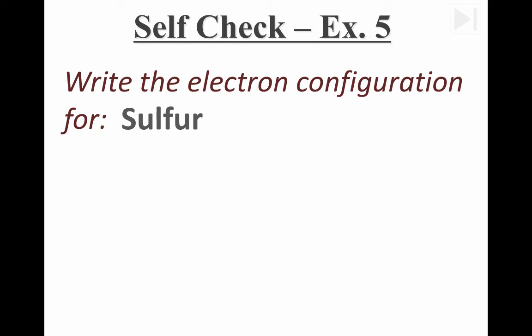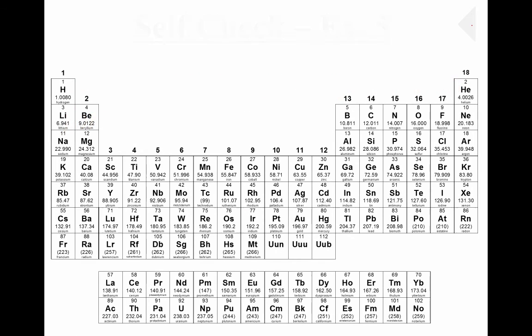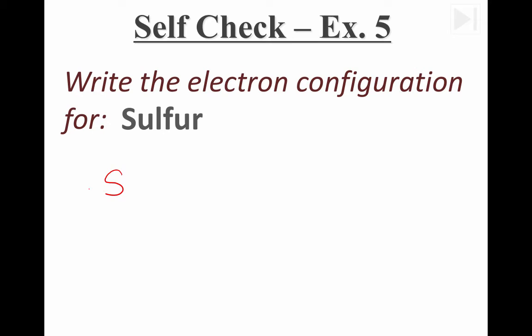Let's try our next example. We're going to write the electron configuration for sulfur. The periodic table shows sulfur over here with 16 electrons. So I write down the symbol for sulfur with the number 16 so that I know what I'm drawing. And then I begin with a 1s2, 2s2, 2p6.